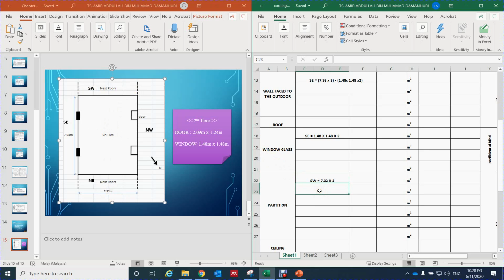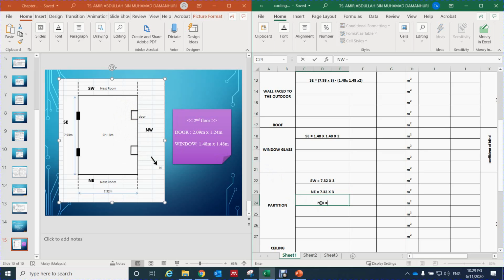So same goes to northeast. Northeast is equal to 7.32 times 3 meter ceiling height. And then we have one more here. It is the wall here, or we consider it a partition in the northwest.